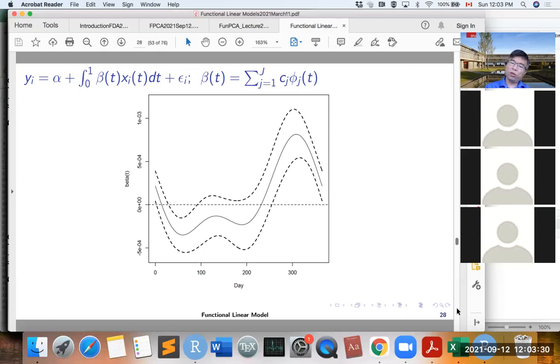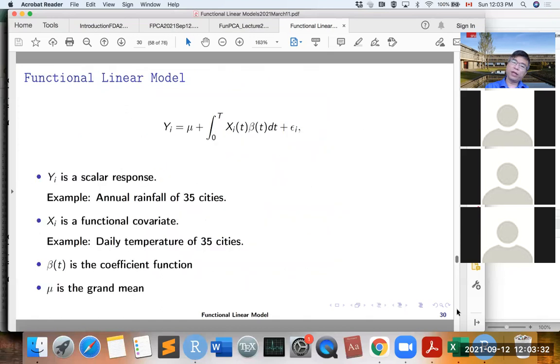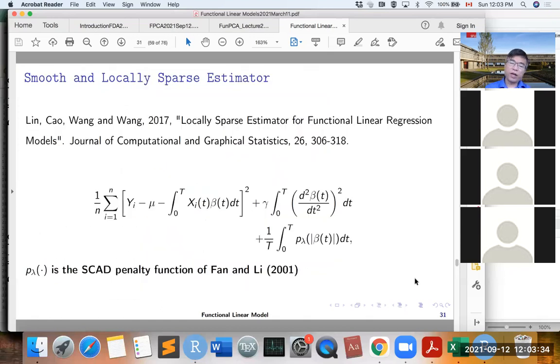So this motivates us to develop a locally sparse estimator for the functional linear regression model. Here you can see that the first term is the sum of squared errors of the fit.